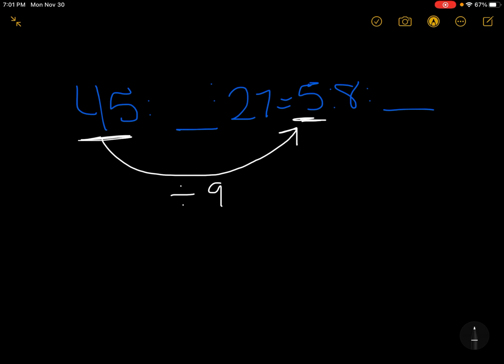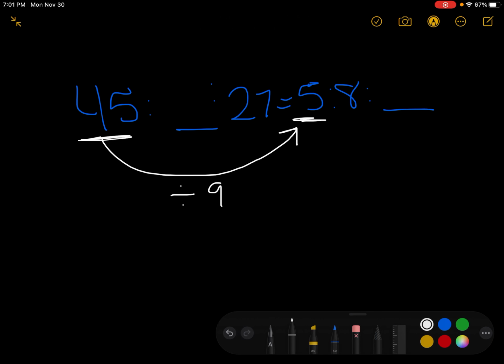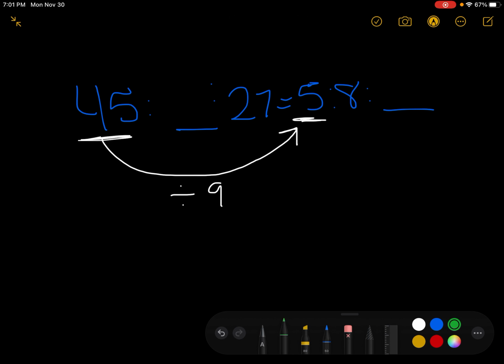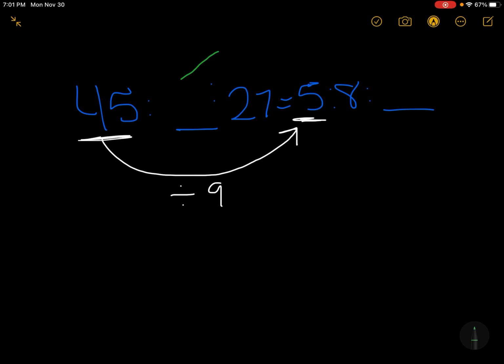Now, let's look at our second part. Our second part here is going from blank to 8. I don't know what that first number is, so I need to be working from the smaller ratio up to the larger ratio.